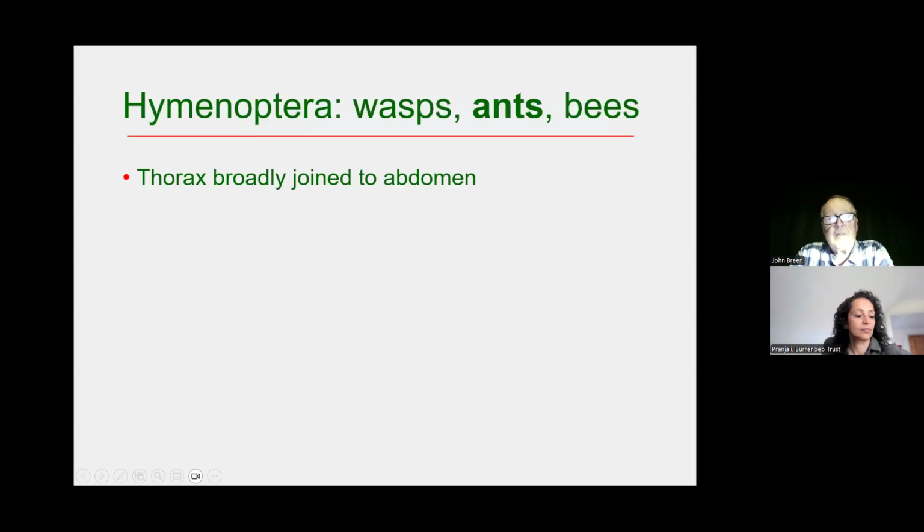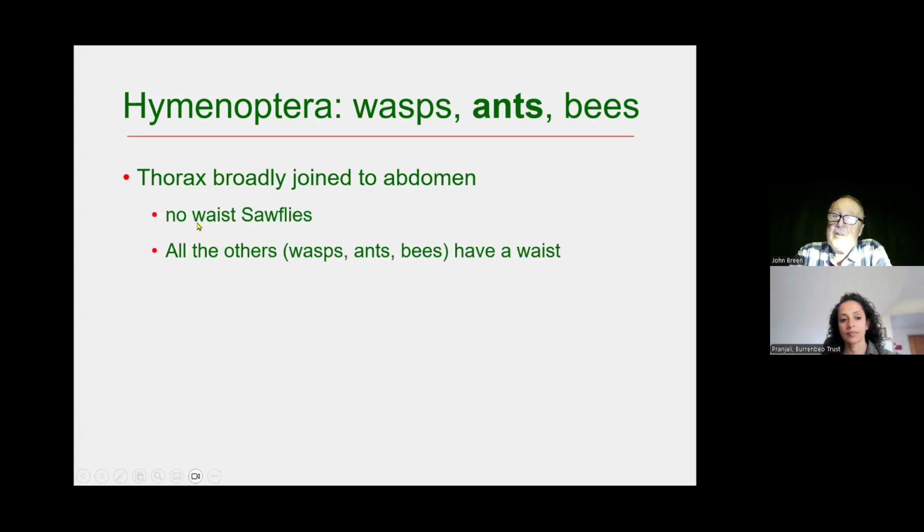And one of the things about the Hymenoptera is that the thorax is broadly joined to the abdomen. So we know insects have a head, a thorax, and an abdomen. We might all be thinking that bees, wasps and ants have waists, but the thorax is broadly joined to the abdomen.